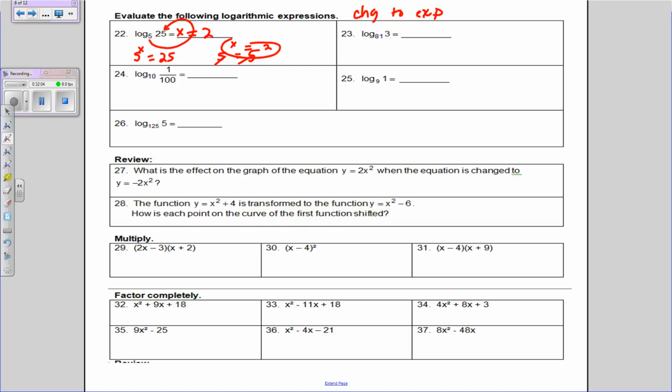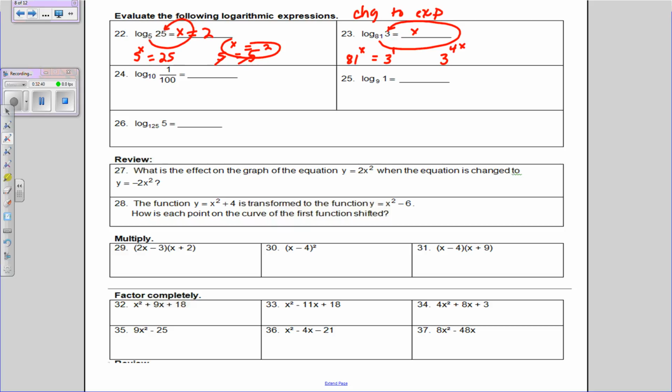For number 23, put an X in your blank, circle around. So we have 81 to the X equals 3. We want like bases. 81 can be written in a base of 3, so you could use your calculator to figure it out, or maybe you remember 81 is 3 to the 4th power, but there was an X up there.